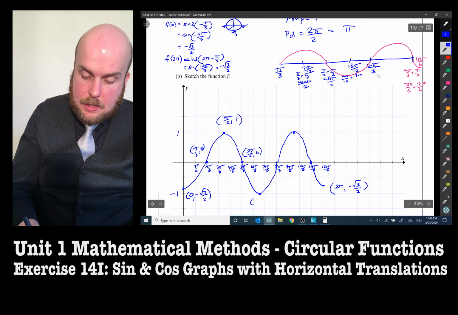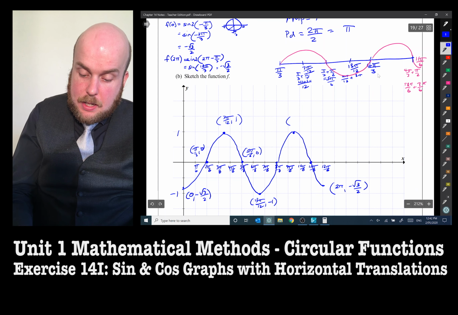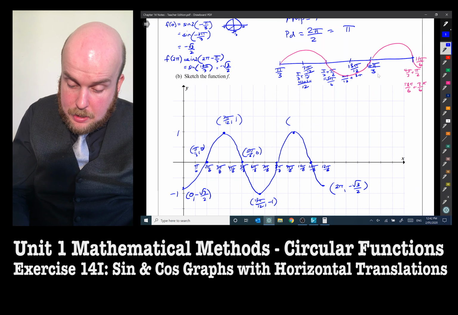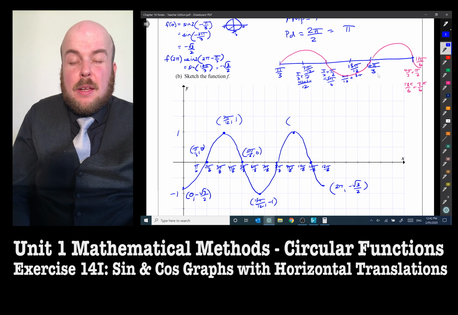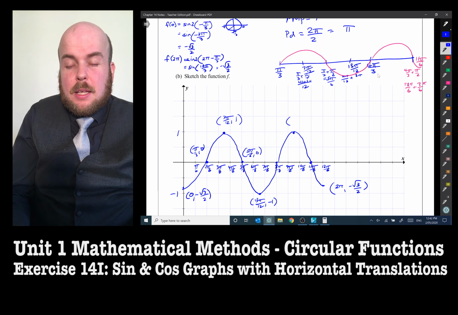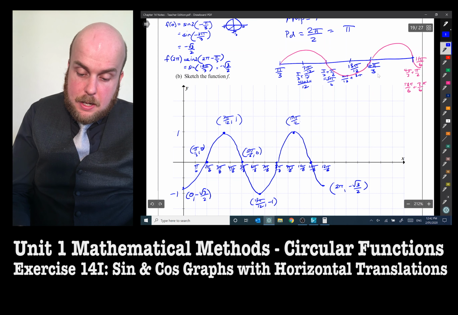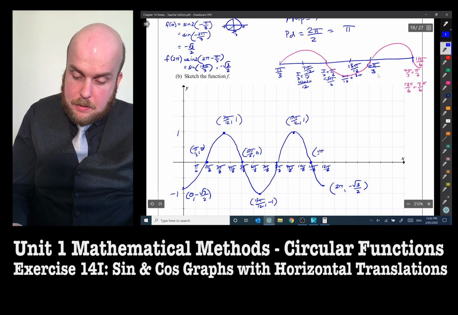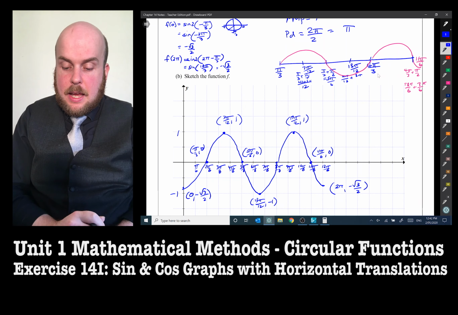This is (13π/12, −1). This would be 9.5, double that, 19π/12, 1. And that's (11π/6, 0). And there is our graph.